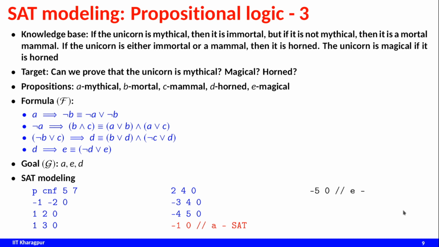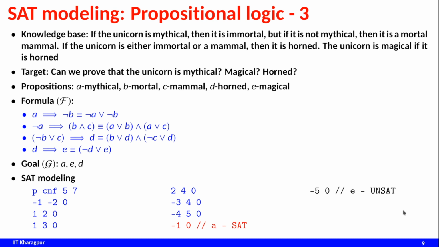Similarly, instead of adding -1 0, if I would like to check E, then I add -5 0, because whether it is magical or not. If I give these six clauses in blue along with -5 0, then it yields UNSAT.